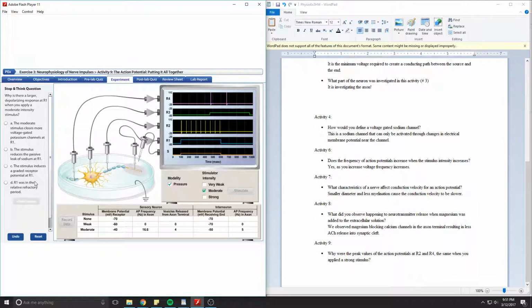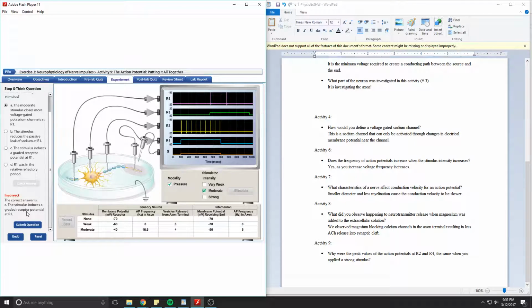The stimulus reduces graded receptor potential of R1. R1 is in the relative refractory period. Go with A? No. It's C. The stimulus induces a graded receptor potential. I have no idea what that means.